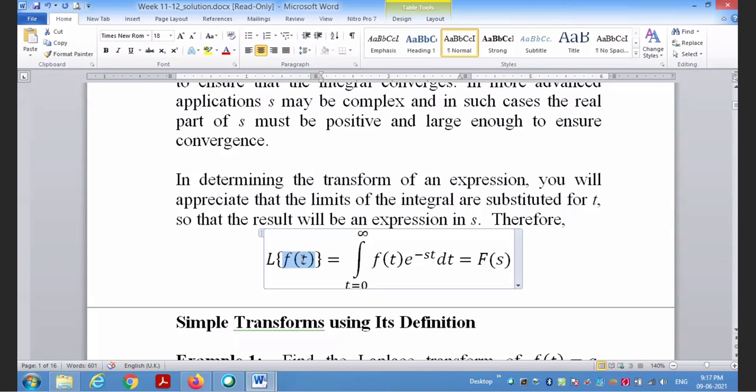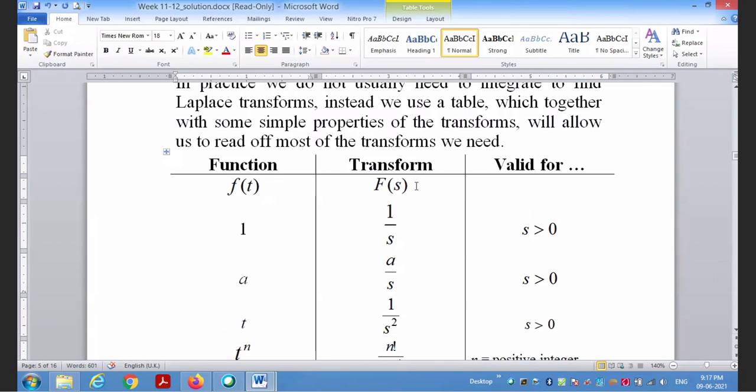So we have this table, with the function f of t and the transform F of s. When f of t equals a, we have a over s.